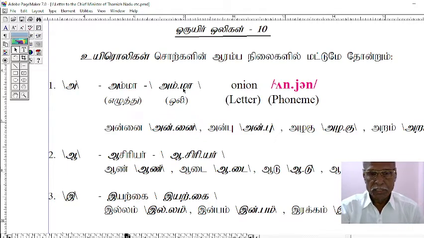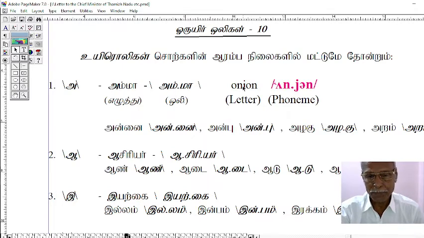Dear teachers and students, see here the letters of words, the symbol of letters and the symbol of phonemes. The symbol of letters and the symbol of phonemes are the same in Tamil.